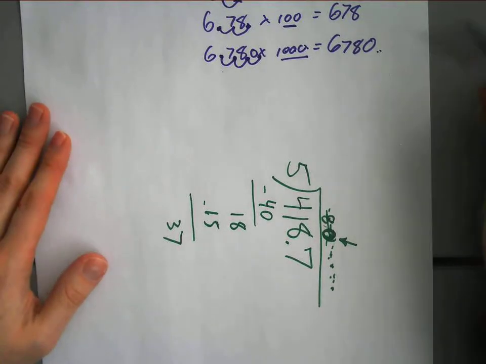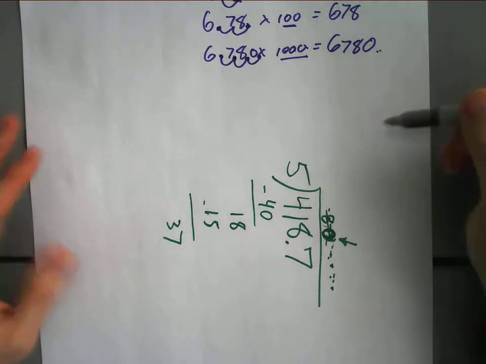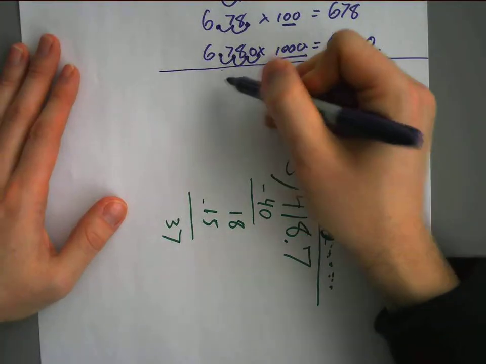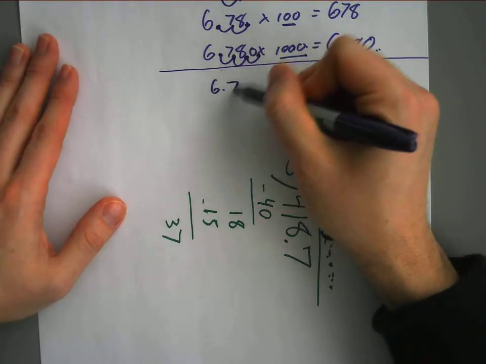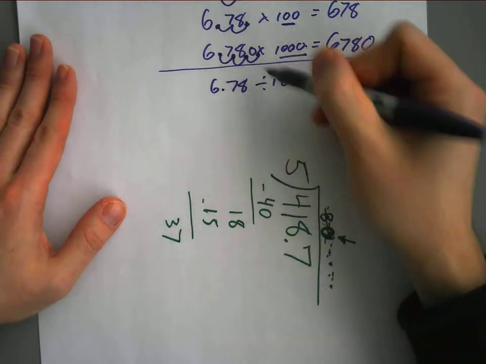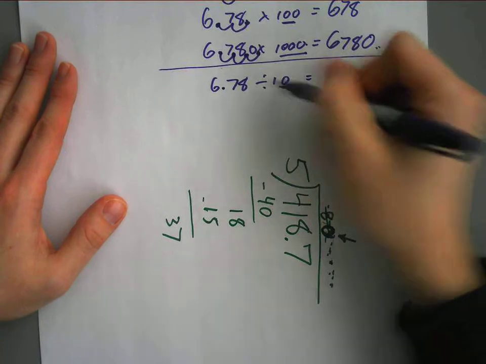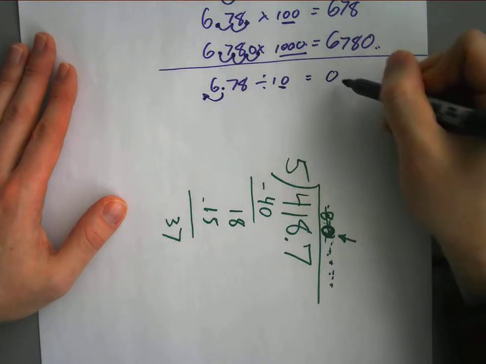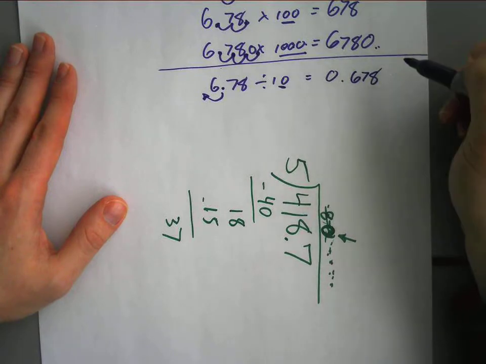Yeah, it's over here. So keep that in mind. And guess what? Division's even easier. It goes the opposite way. So if you had 6.78 divided by 10, the decimal moves the other way. So you have 1 0, so the decimal goes that way. And now the answer is 0.678.